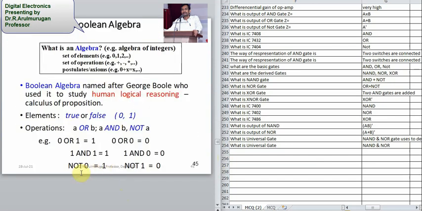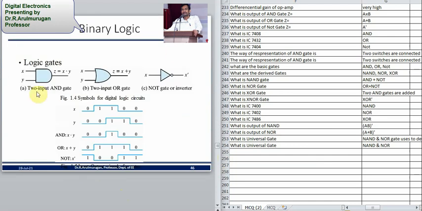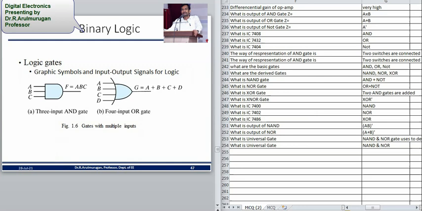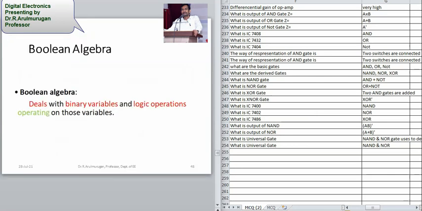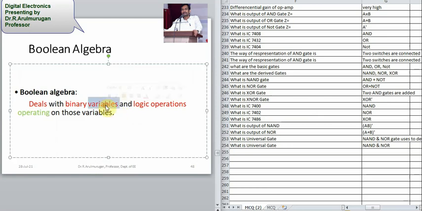Let's move to another part, called Boolean algebra. Before that, these are the gates. Now Boolean algebra deals with binary variables, 0 and 1, and logic operations.